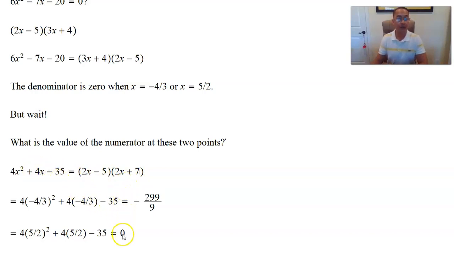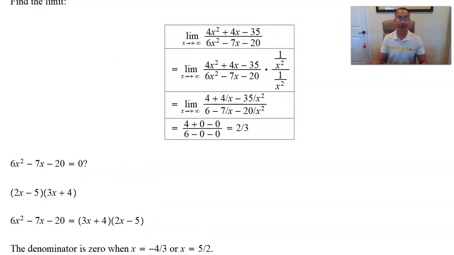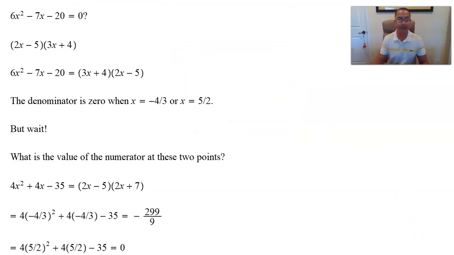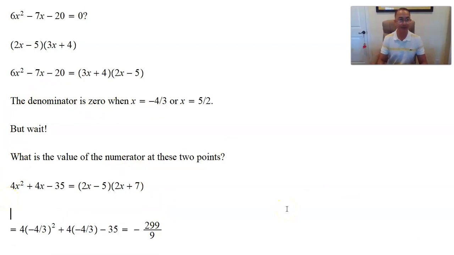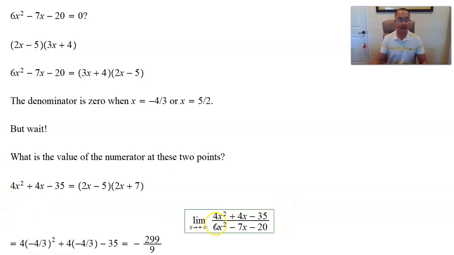So the numerator is also 0 at 5/2, which means that the limit as x approaches 5/2 is not going to be infinity or minus infinity. Let's check it out. What is the limit as x approaches 5/2?